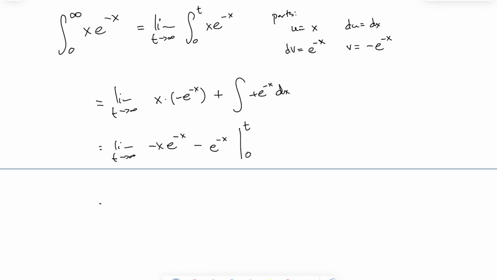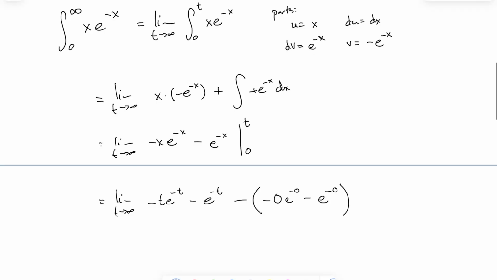All right, so this is limit t goes to infinity. I'm plugging in the t. Minus t e to the negative t minus e to the negative t. And then subtract, plugging in 0. Minus 0 e to the negative 0 minus e to the negative 0. And we have to do this limit now. Towards the end of finding the limit, as usual, if I see negative exponents, I like to write that as a denominator, right?